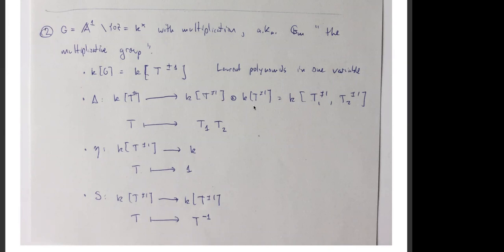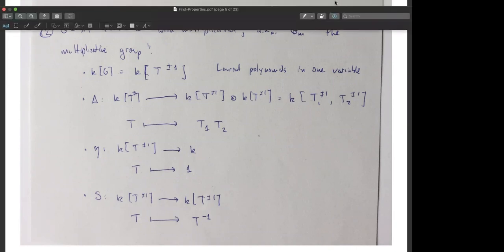It can be regarded as an algebraic subset of K2, like K[x,y] with xy minus 1. Exactly.